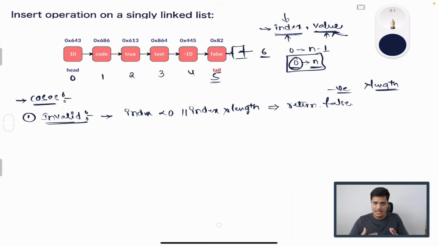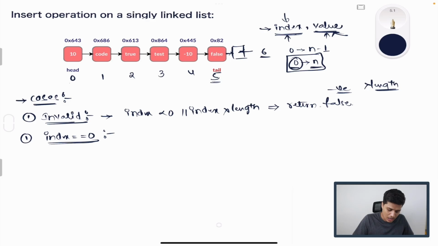Besides this invalid case, all other indexes we get from the user are valid cases. Out of those valid scenarios, the first scenario is if the index is equal to 0. That means we already have a value at index 0, so when the user asks us to perform the insert operation at index 0, the user is literally telling us to insert a node before the existing head node.